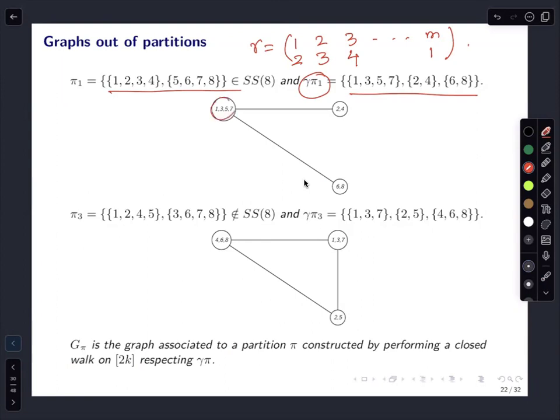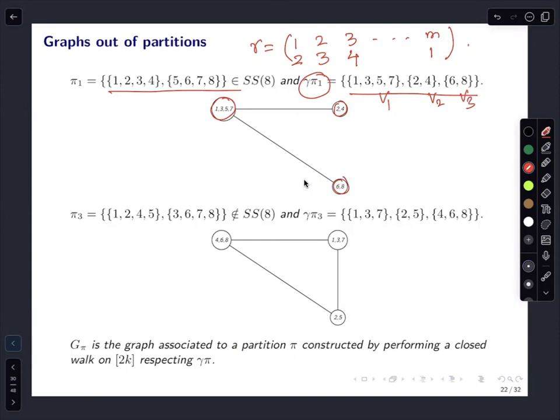I put them on the vertices here. So I make three vertices like this, V1, V2, V3, and I make edges by traveling along these, 1 going to 2.